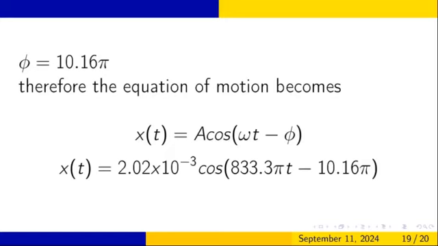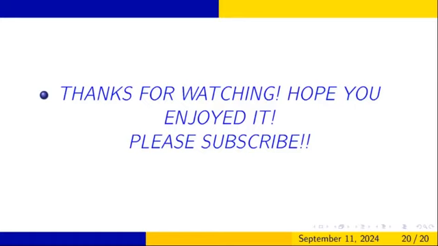So from the displacement of the motion, we can get the velocity. Velocity is the rate of change of displacement with time. So when we make that differentiation, we get the velocity as minus Aw sin(wt minus phi).